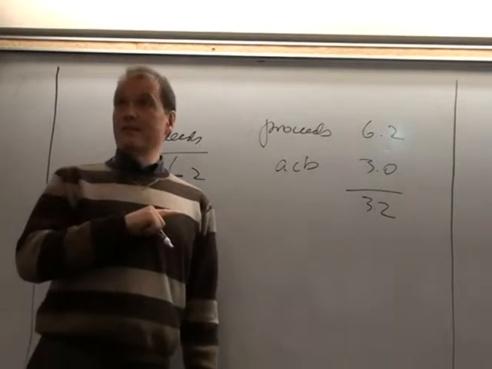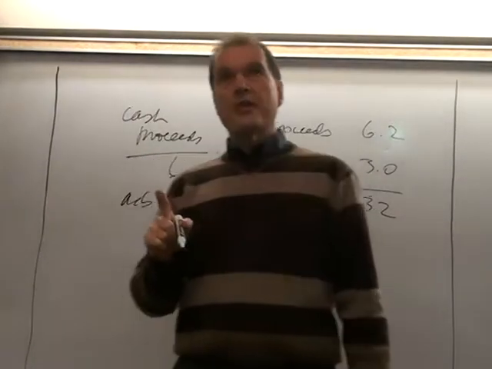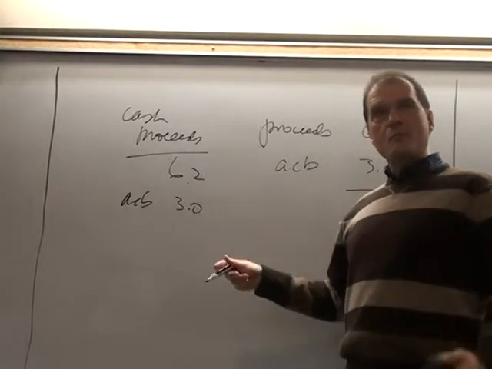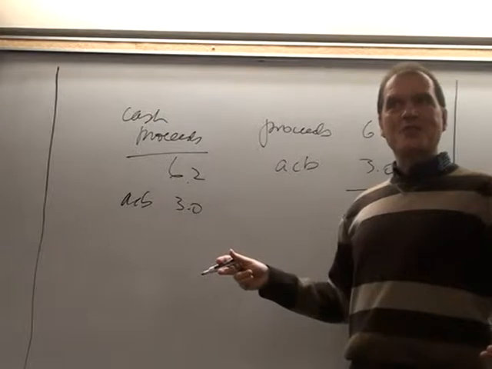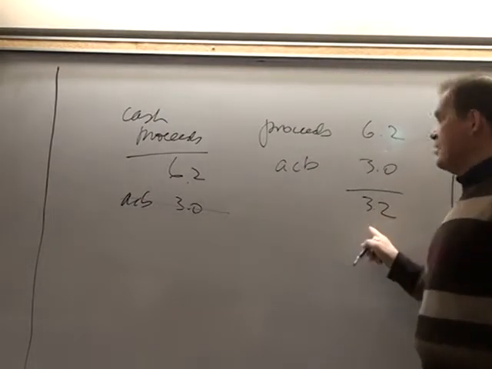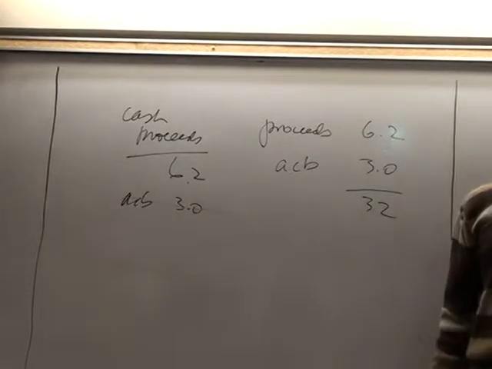That's the mistake. A lot of people think that somehow the adjusted cost base has some relevance to the cash proceeds she receives. It's got no relevance. It only has relevance to figuring out how much her tax is.